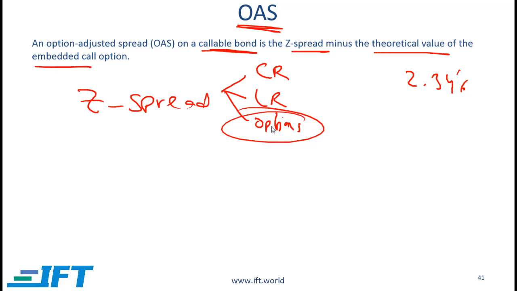Okay, so now the point is this. This 2.34 includes the three elements: credit risk, liquidity risk, and a compensation for the embedded call option. If I tell you that the amount related to the call option is 0.34%, in other words, investors are demanding an extra 0.34% because of the call option, what would the option adjusted spread be?